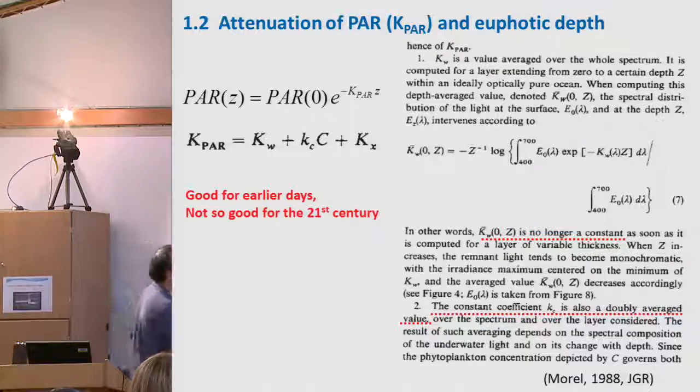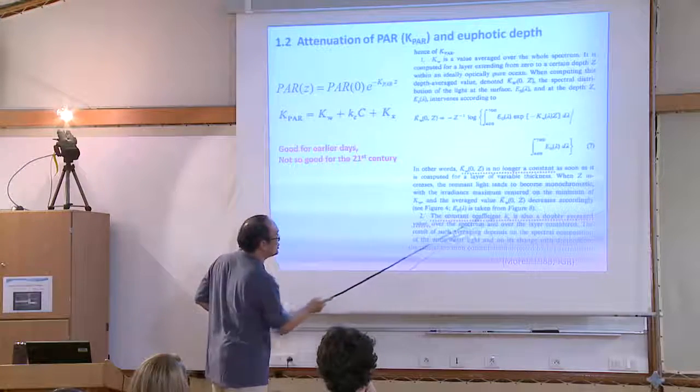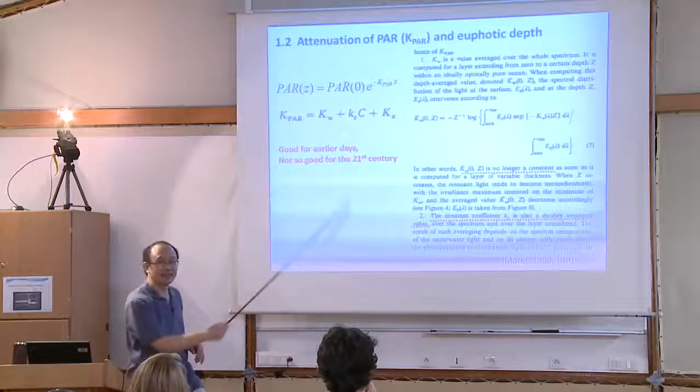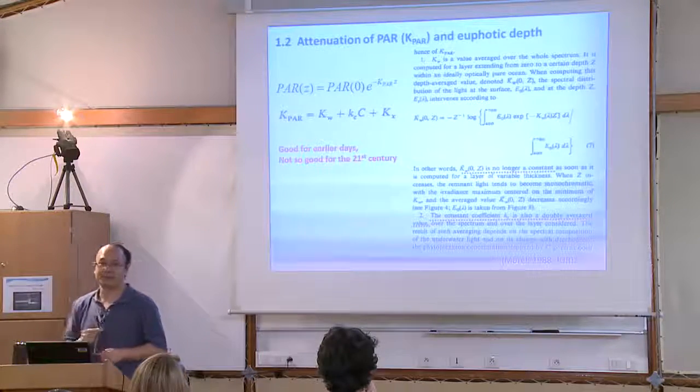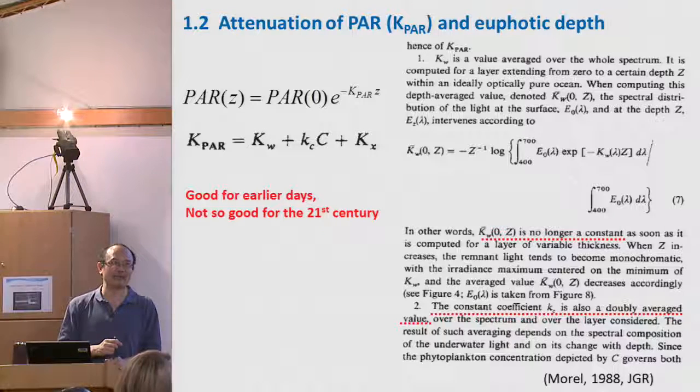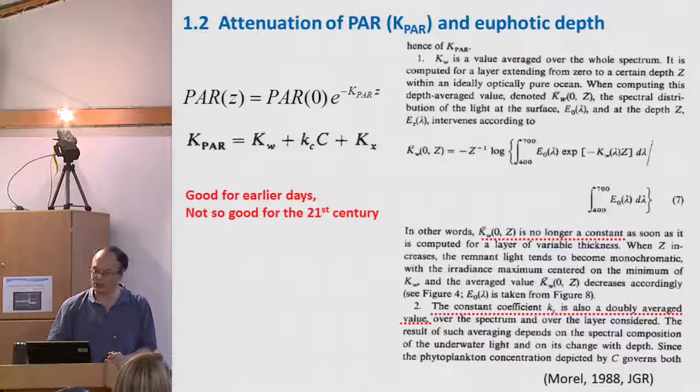Also, Kc is not a constant either. There's no such thing as a constant Kc times chlorophyll. But in the early days, because we all try to make life easier and lazier, that was used many times, but it's not correct.